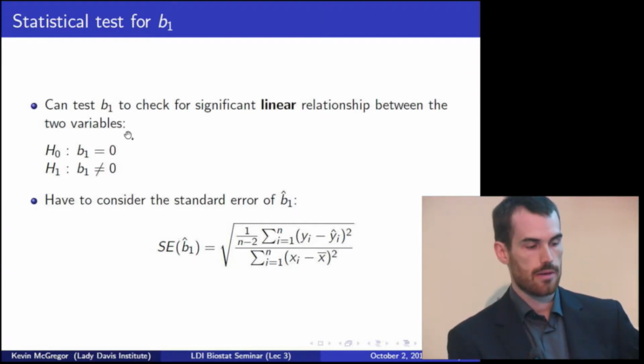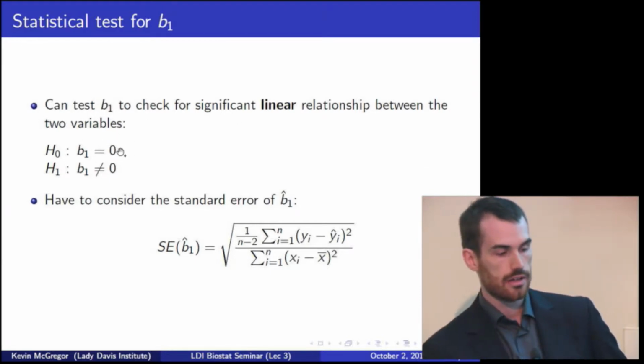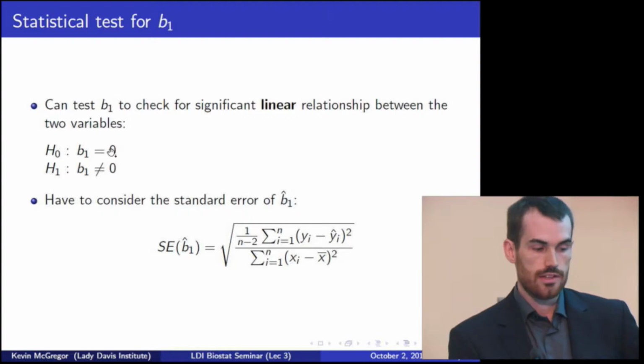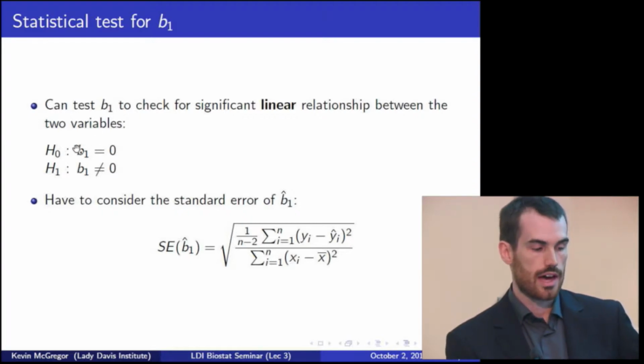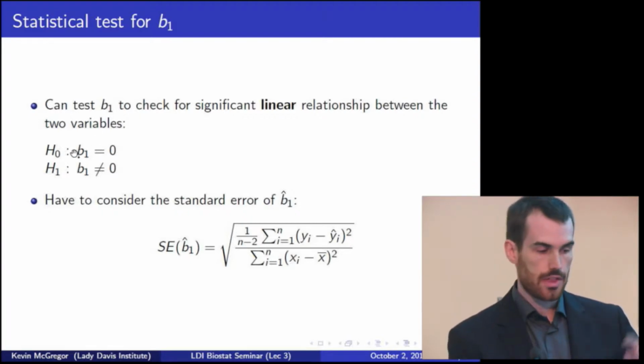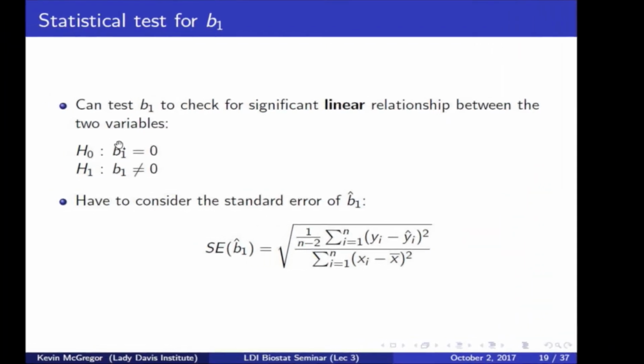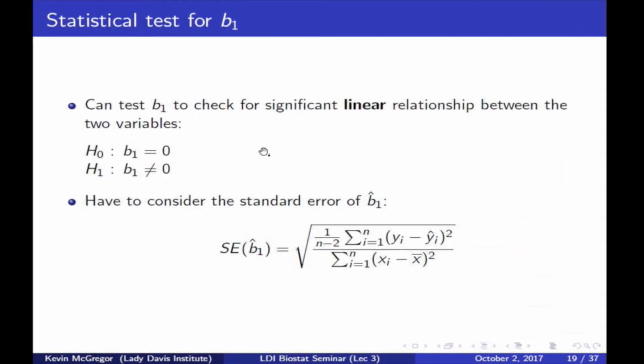The way we set this up is our null hypothesis is that B1 is equal to 0. Notice that there's no hat here. Remember that whenever we do a hypothesis test, we include our population parameters, not our estimated values of the parameters. And our alternate hypothesis is just that B1 is not equal to 0. So there is a positive or negative slope associated with these two variables.